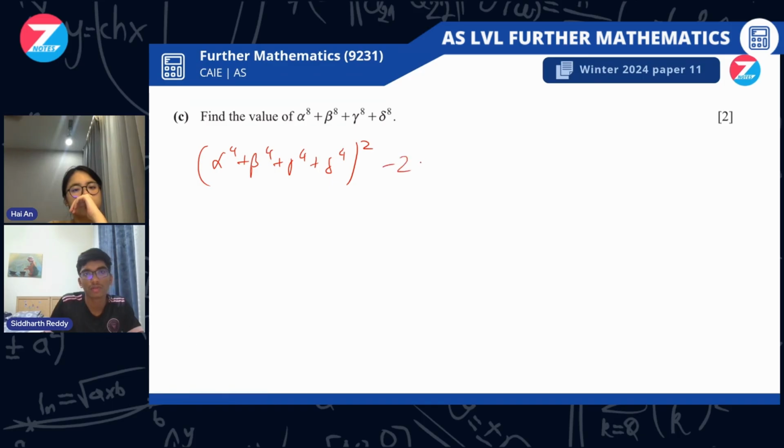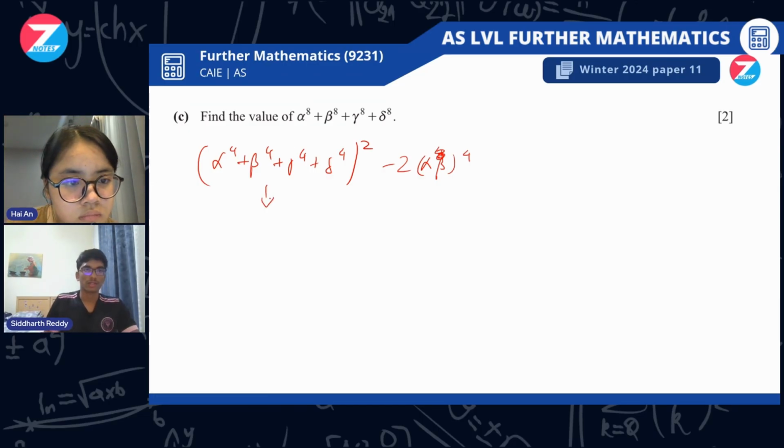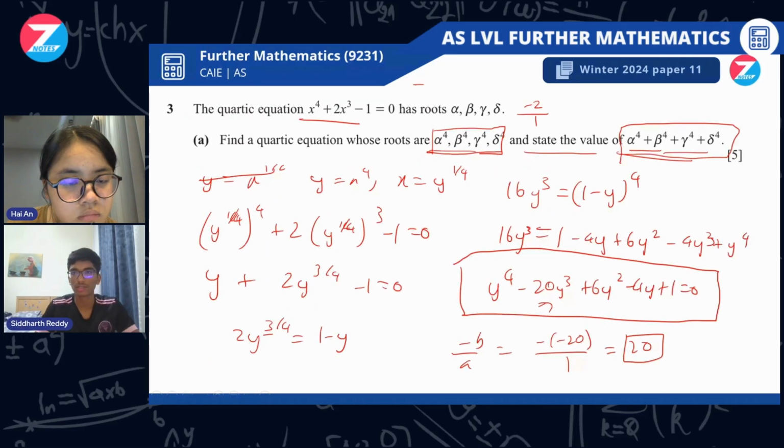Minus 2 times the... So we already know what this part is. So we found that as 20.